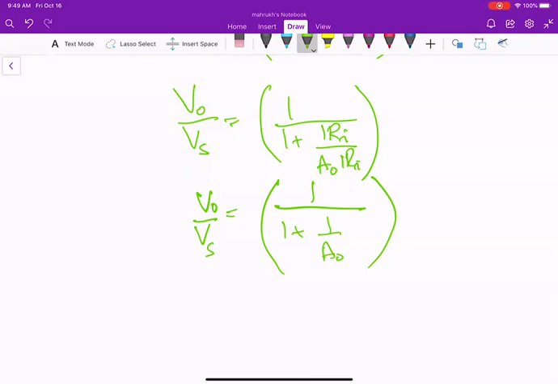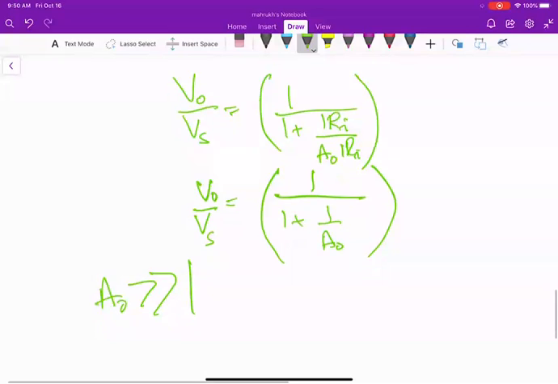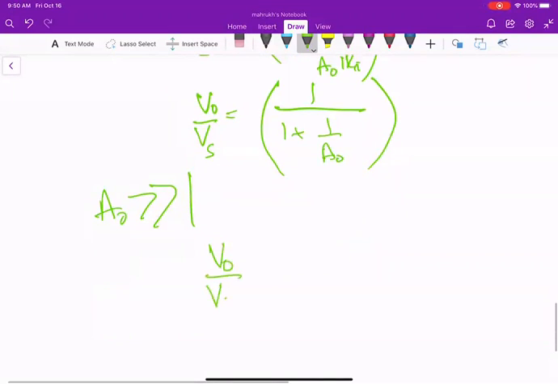As we know, we have defined it before, that A naught is a very high number, or A naught tends to reach infinity. So if A naught is greater than 1, of course, then V naught by Vs will be approximately equal to 1, which is the ultimate goal of the unity gain amplifier or the buffer, okay?